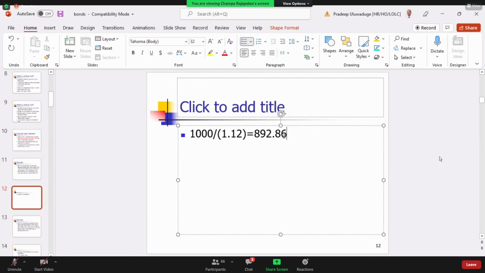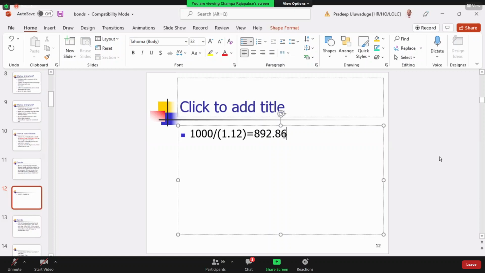Now, say for example, this bond is offered to you at 850. This is the value that you have calculated, not the market price, but the bond is being offered to you at 850. Would you buy it? Yes, you would buy it.